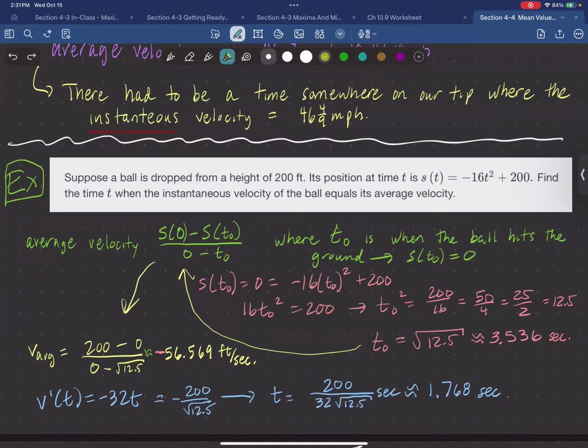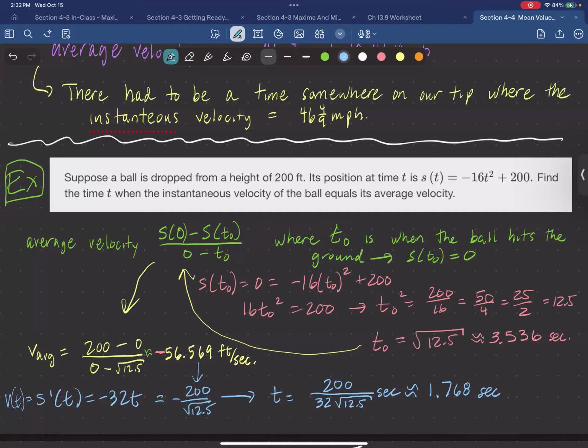I wrote b prime, that's not right. v of t equals s prime of t. Taking the derivative, you get negative 32t. What we had up here is negative 200 over the square root of 12.5. I solve for t by dividing by negative 32.